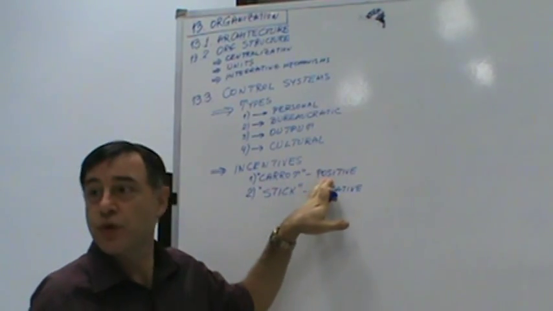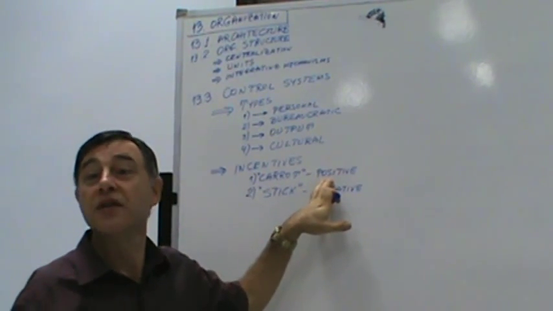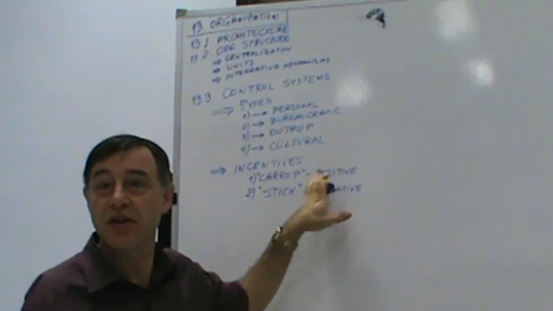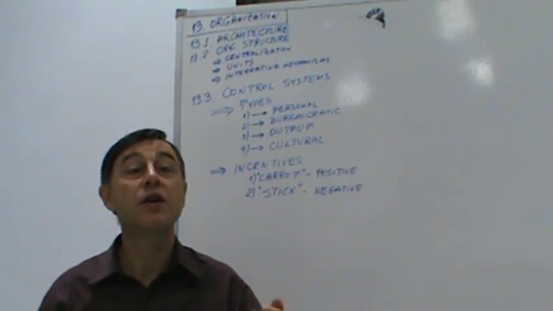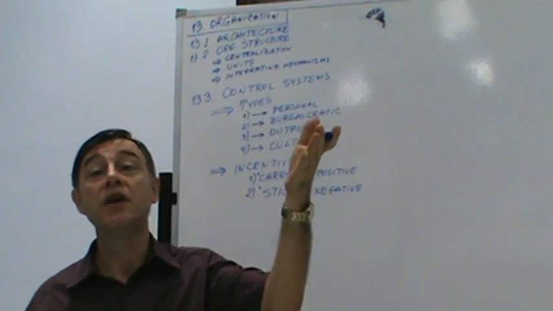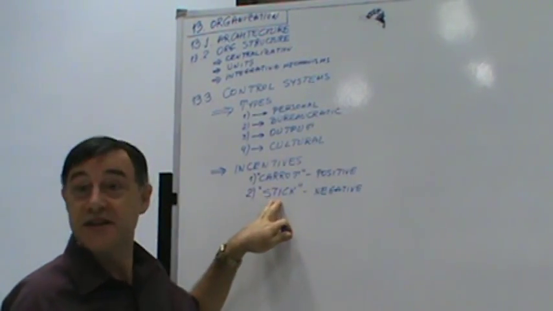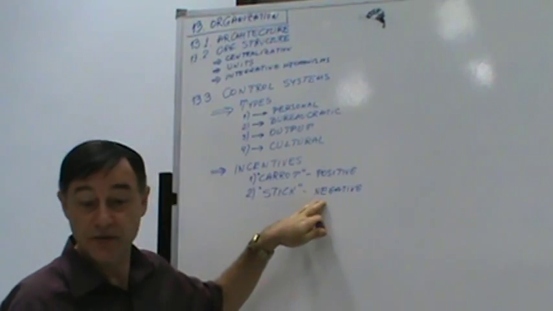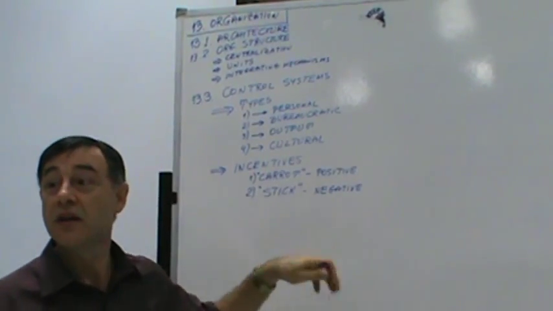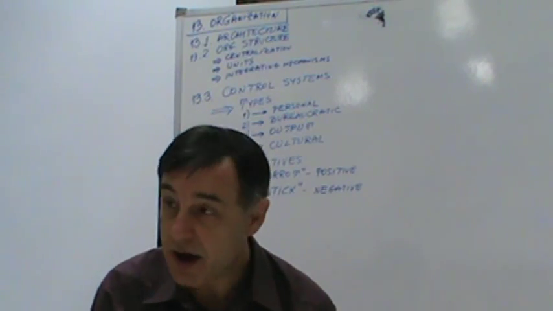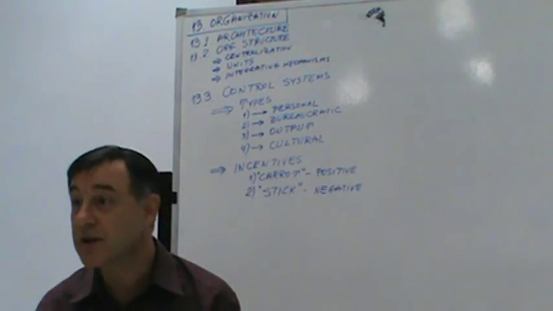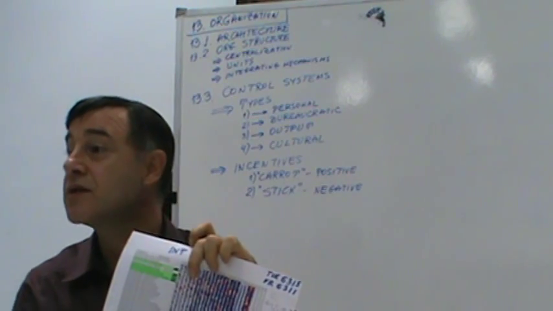The carrot which we use, not a very juicy one over here, is just grades. If you're learning and studying, we're giving you good grades. The stick, or the negative one, will be attendance. Attendance is, hey, I don't want you to be absent, so keep track of everyone's attendance.